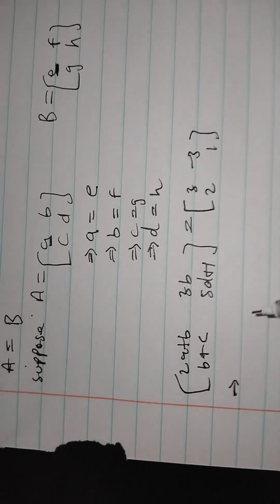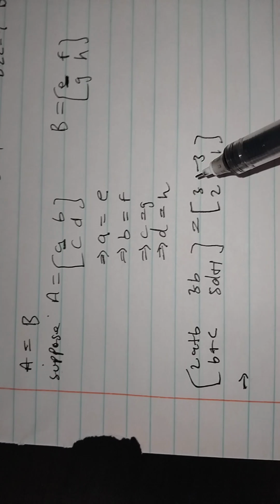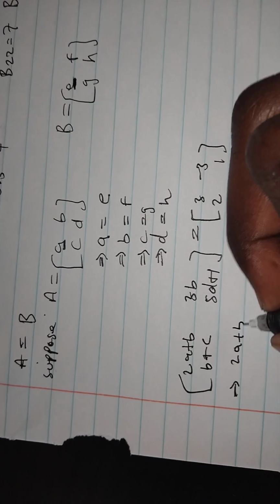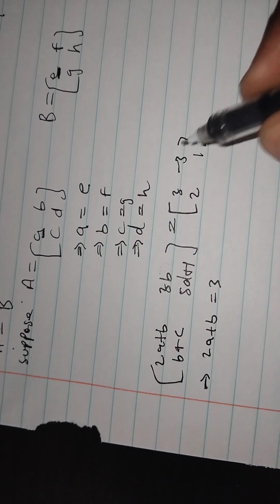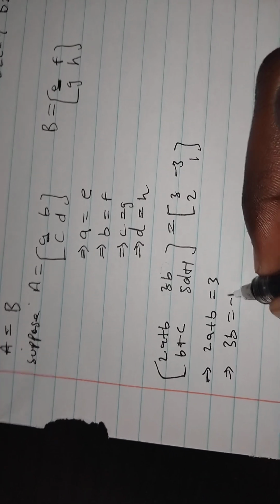So what can we say? Since the corresponding entries must be the same, 2a plus b must be equal to 3. So we're going to write that down: 2a plus b must be equal to 3. And 3b must be equal to minus 3.